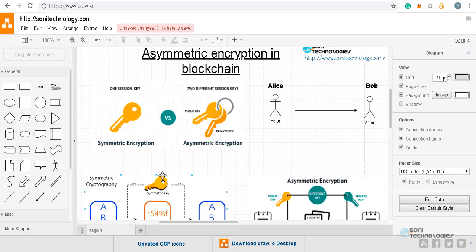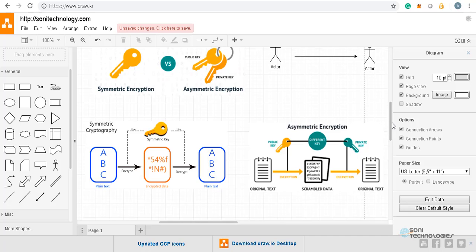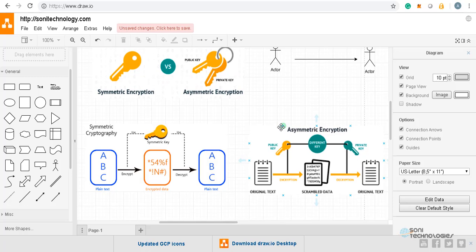So now we'll try to understand in detail. So we'll see what a private key is. A private key is a secret key that is used to decrypt the message, and the party that exchanges messages knows it. In symmetric cryptography, only one key is used, and that key is a private key.